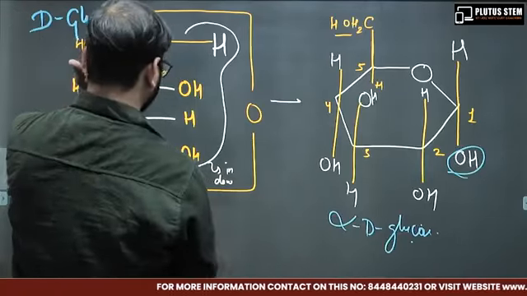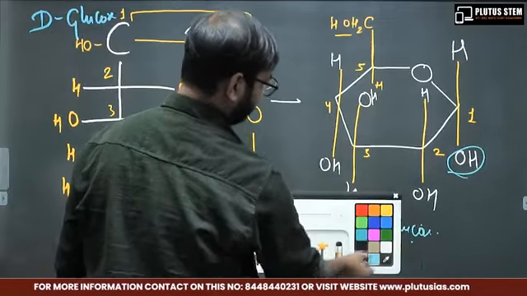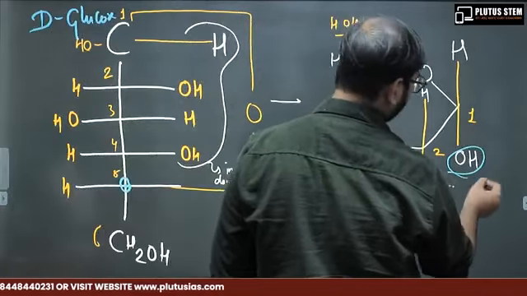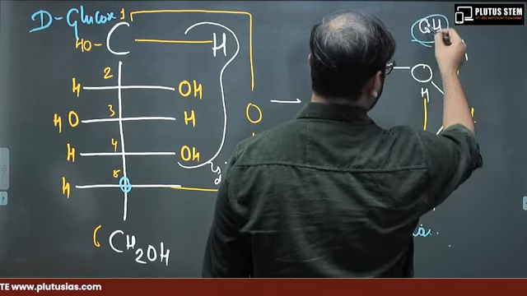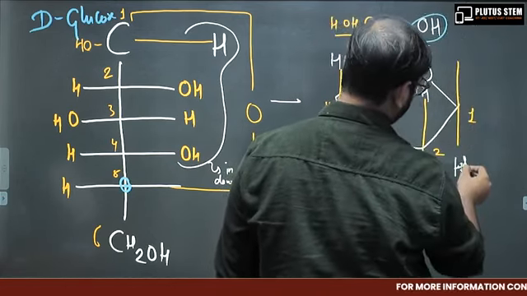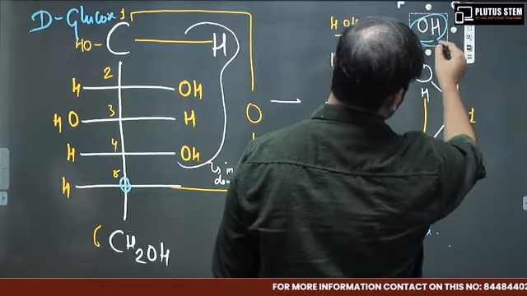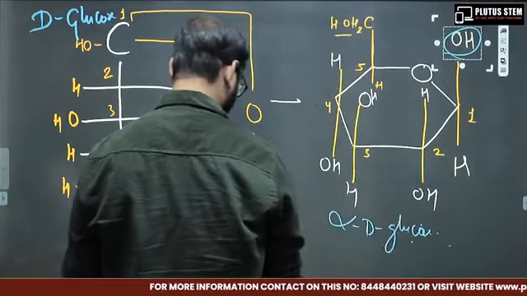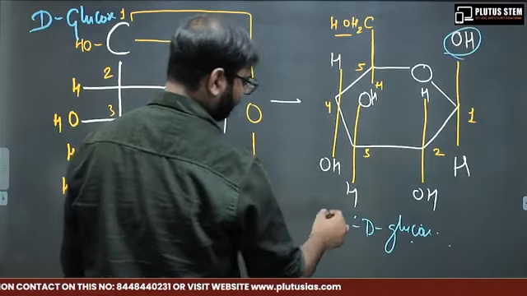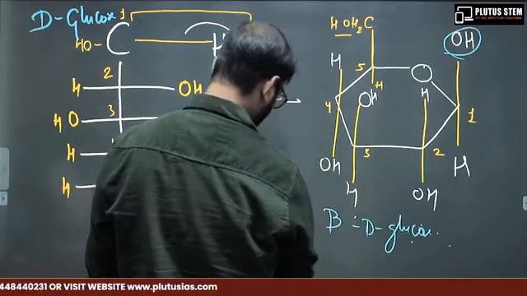So here only the position of hydrogen and OH has changed. So here this OH will now move above the plane of the ring, while this hydrogen will come below the plane of the ring, and rest of the groups remain exactly the same as they were before. And since the OH is lying outside, it will be called beta D glucose.